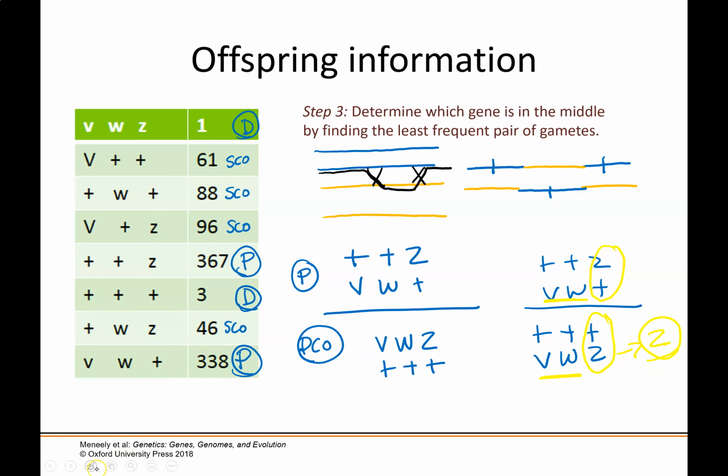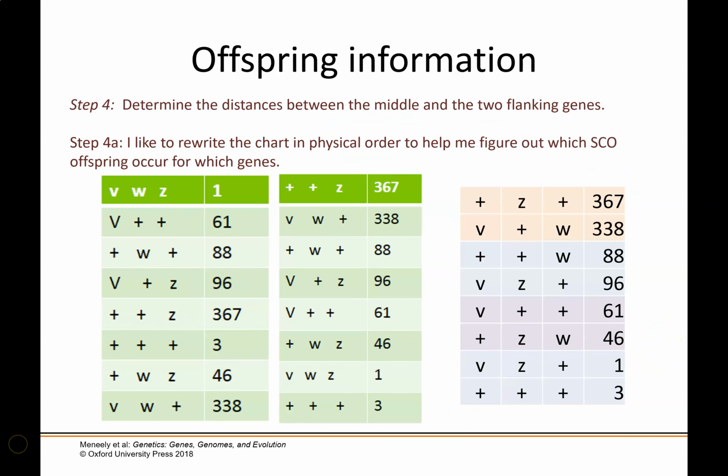So the order of our genes is actually V, Z, W. Because if we have V, W plus, and that was on our parent, V, W plus, and we have a double crossover event, that Z is going to move to the other chromosome. So now we know that our gene order is V, Z, W.